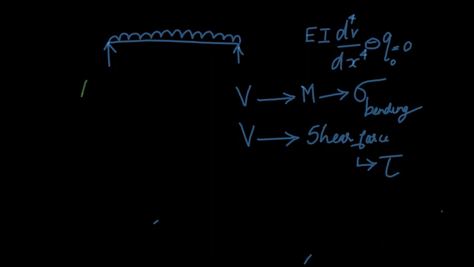What are the boundary conditions? They are quite axiomatic, quite straightforward. It is a simply supported beam. So what about the deflection on the left extreme end, and what about the deflection on the right extreme end? There is not going to be any deflection.